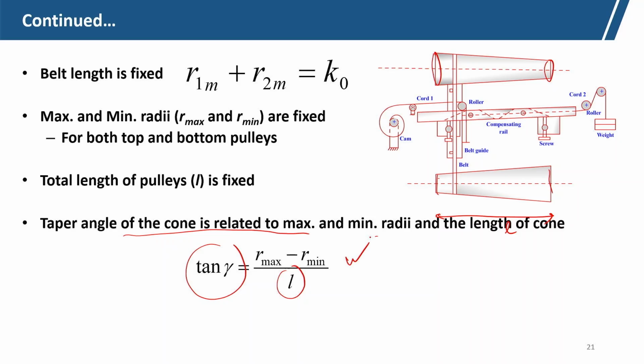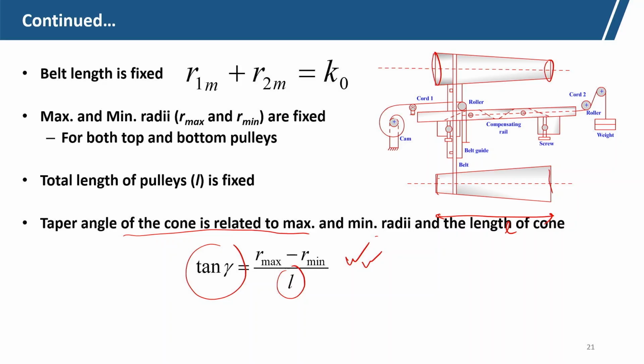So, this is constant. The maximum radius is constant, the minimum radius is constant and the belt length is constant. So, the angle of taper is constant. The angle of taper can be calculated by using this relationship.